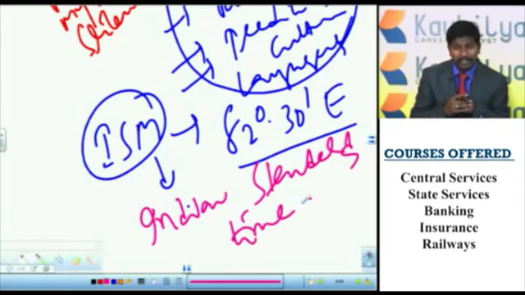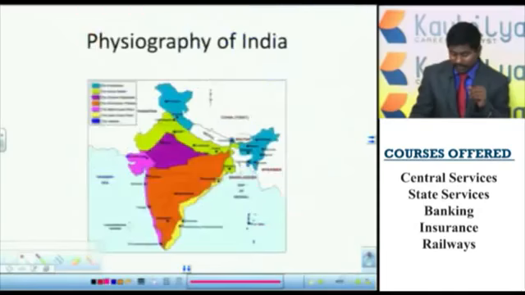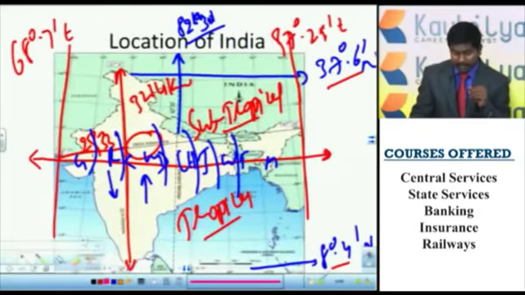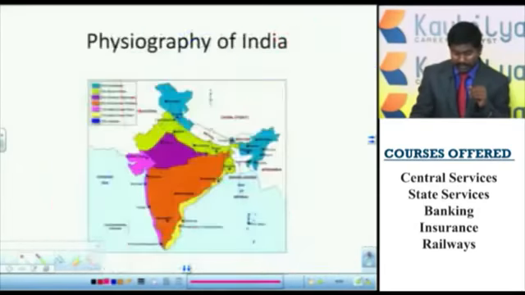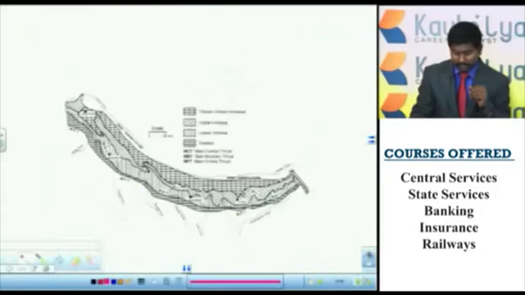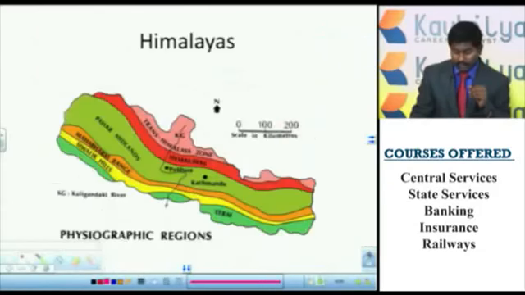And now the states which pass through this 82.5 degrees east longitude. Look at this picture.